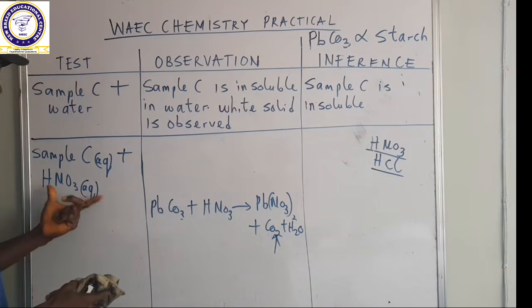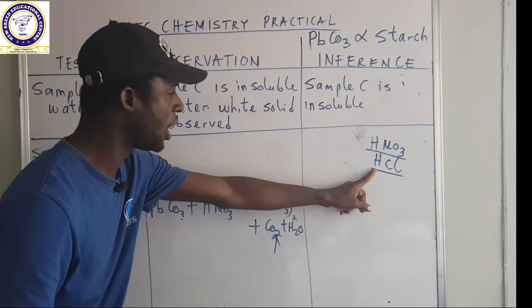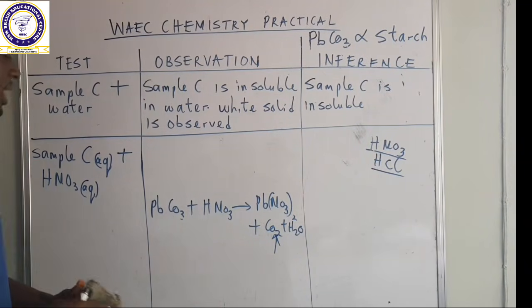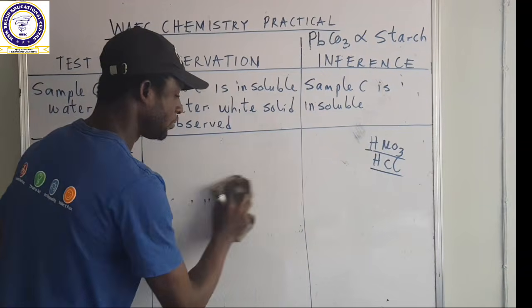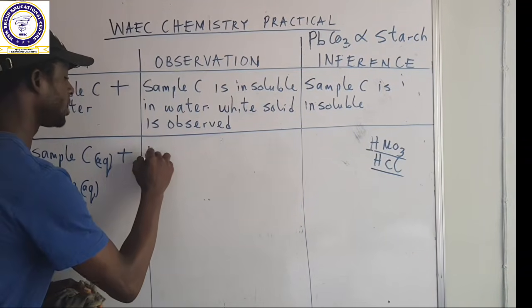So when you add your acid to your test sample, either HNO3 or HCl, CO2 is going to come out, is going to be liberated. So at this point, what you are going to see as your observation is effervescence of a gas.